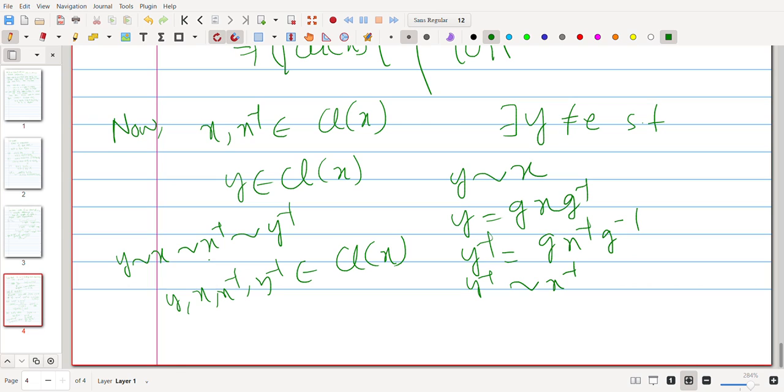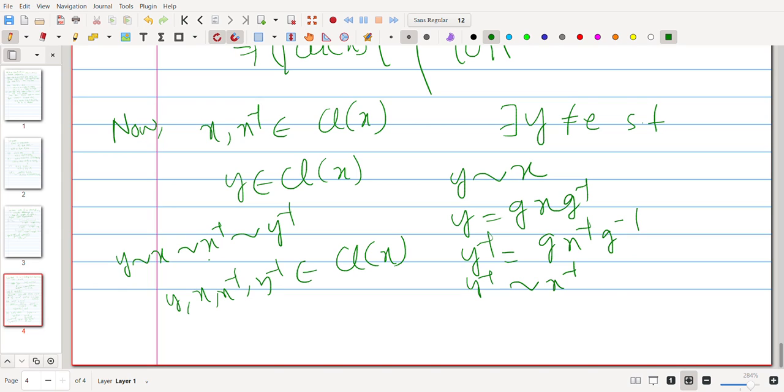And we know that the identity element cannot be conjugate to any non-identity element, so the conjugacy class of X cannot have the identity element. So if any non-identity element is there, their inverse is also there, right? And also since the order of G is odd, it cannot have any element of order 2. So X and X inverse are always not equal there, right?